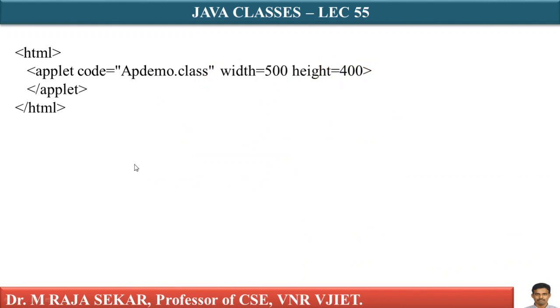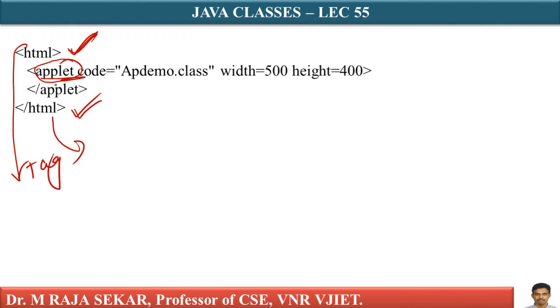As I told you, this is a simple HTML file. This file name is appdemo.html. HTML beginning, HTML ending. This HTML program starts with a tag known as HTML. HTML is a tag. This is the starting tag. This is also a tag. What is the difference?